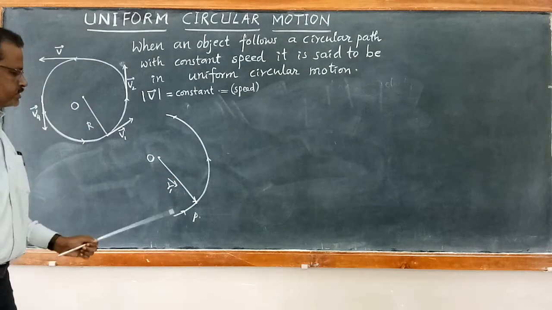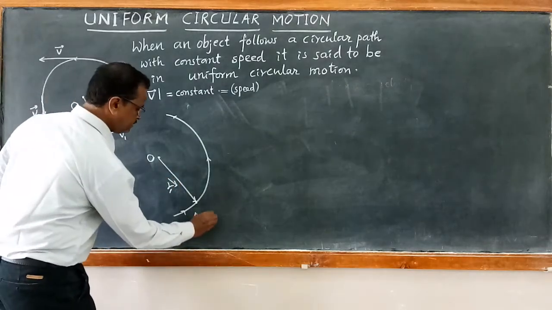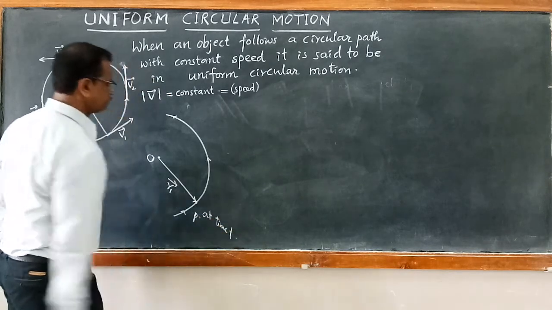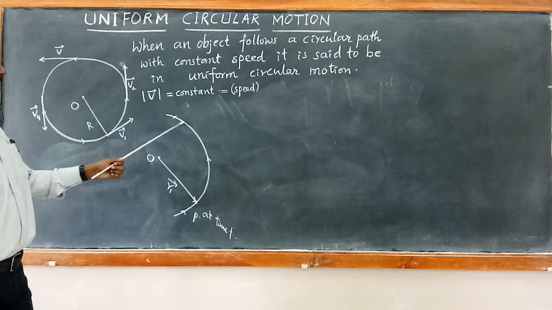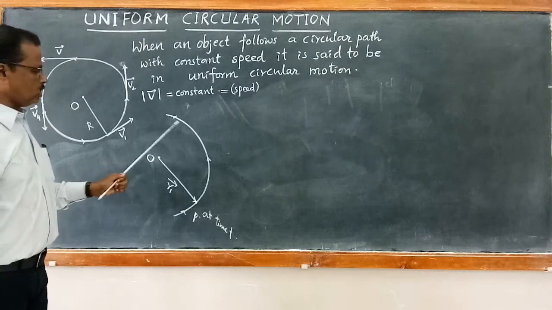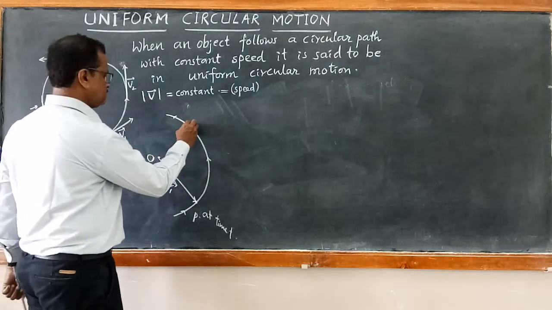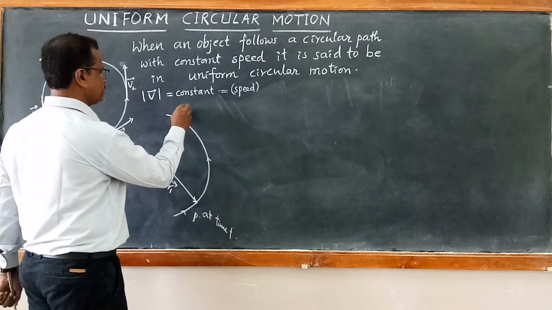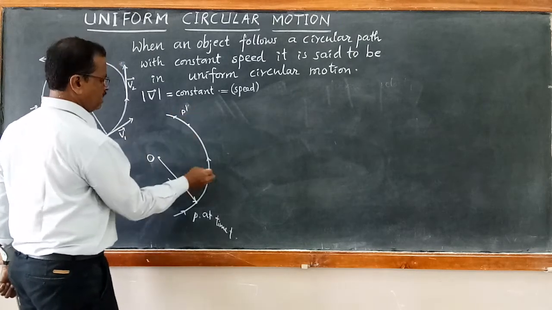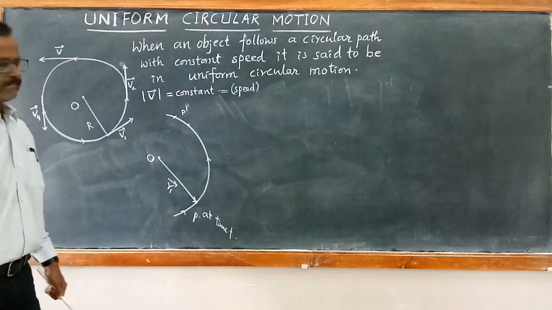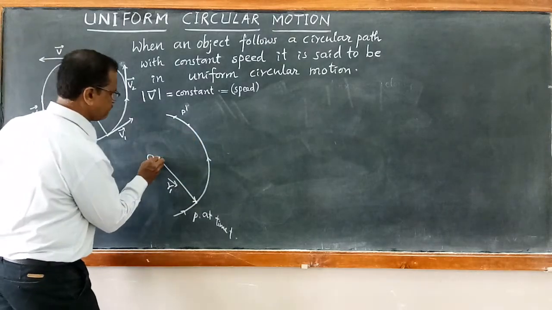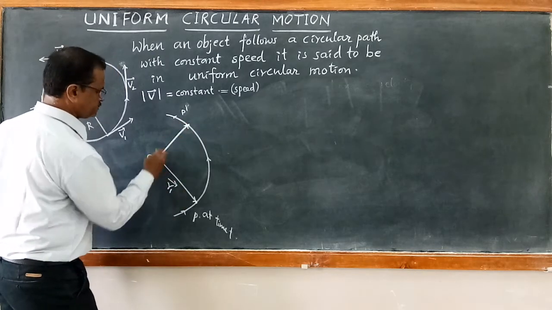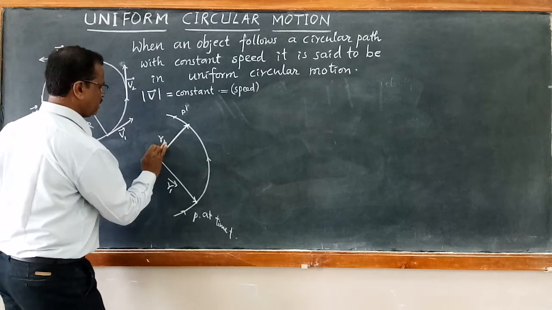Let us take this position vector R1 at time t. After some time, the particle has gone to another position, say P dash, at time t dash. Then you draw this position vector, R2.